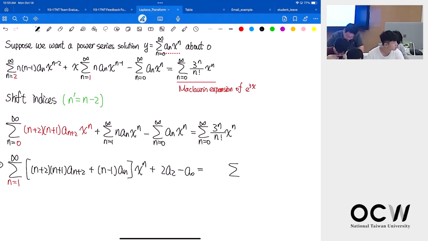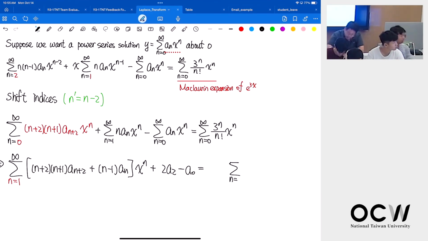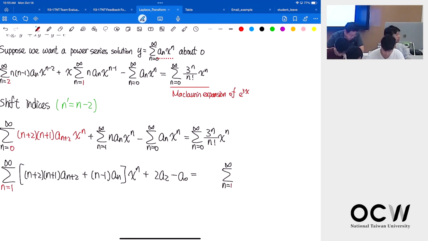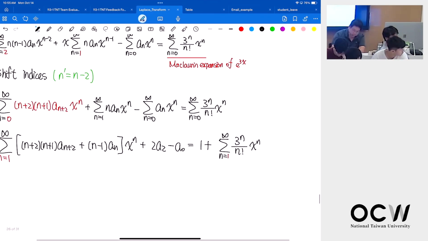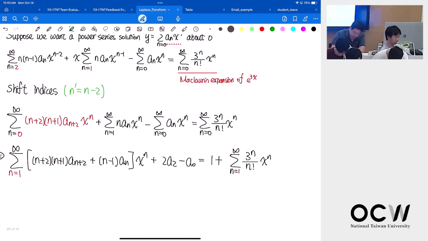This is summation from 1 to infinity. Then when n equals 0, I get 1. So you can compare this coefficient with this summation. And then 2a2 minus a naught should be equal to 1.